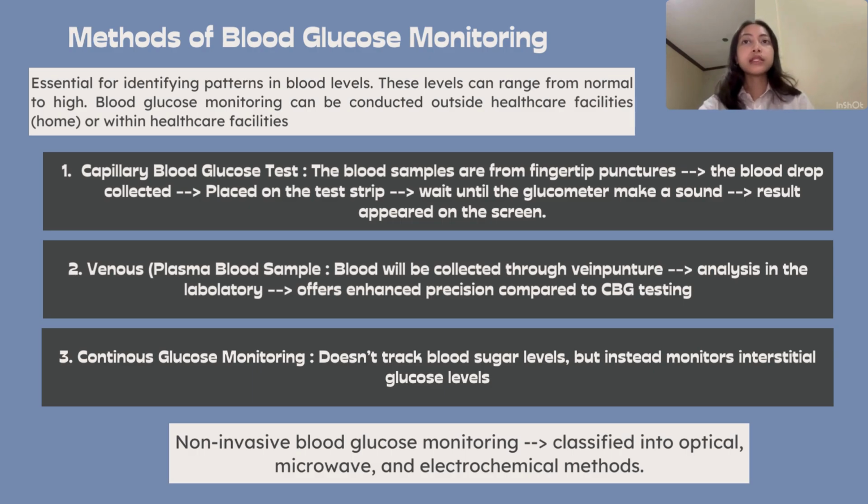The third one is continuous glucose monitoring. Continuous glucose monitoring does not track blood sugar levels, but instead monitors interstitial glucose level. This method of glucose monitoring utilizes a water-resistant disposable device placed on the back of the upper arm and abdomen.